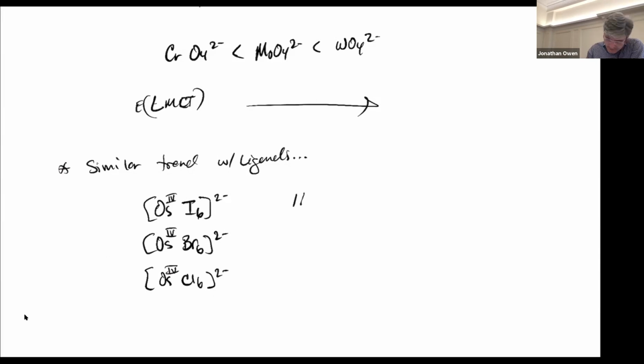So this band is about 11,500 to about 18,000 wave numbers. Here we go from 17,000 to 25,000. And then 24,000 to 30,000.